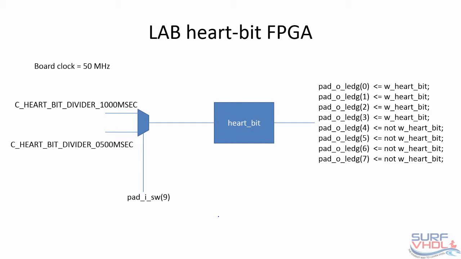Let's see what should be the instantiation of your component. You have to select between two different toggle rates selected by the dip switch and connect the toggling output on the first four LED and the second four LED. Remember that the board clock is 50 MHz.